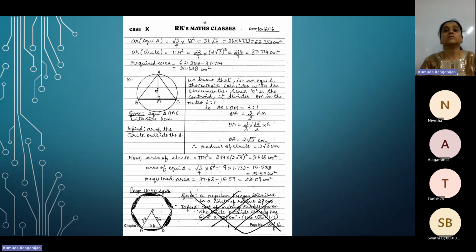Read the question from your book. We only know that the radius is 28. Now, how do you take the side of the hexagon as 28?